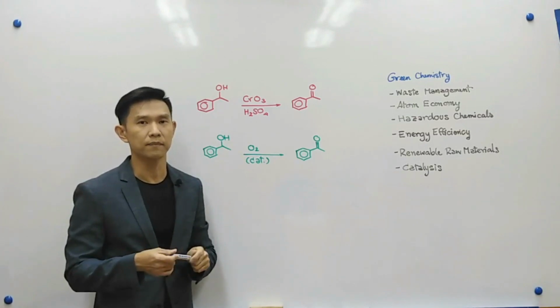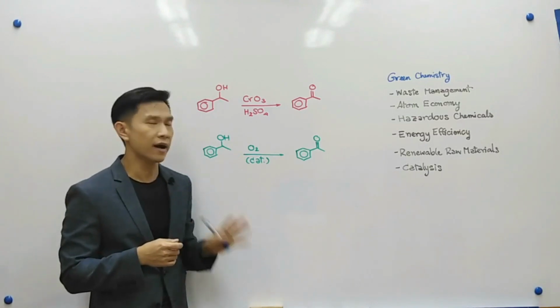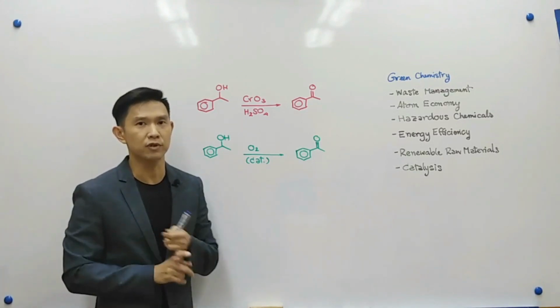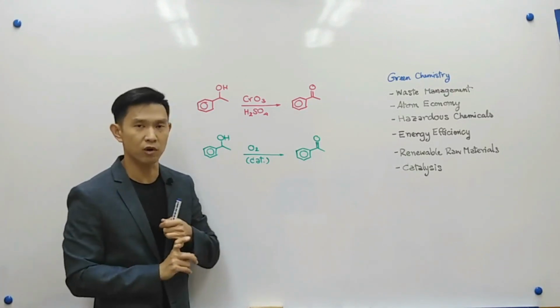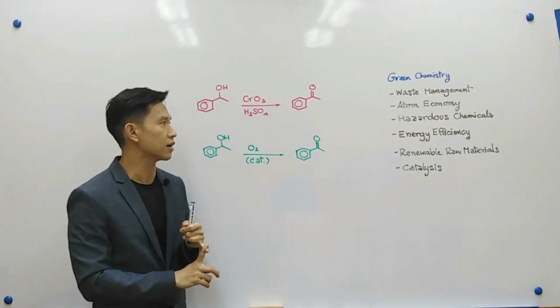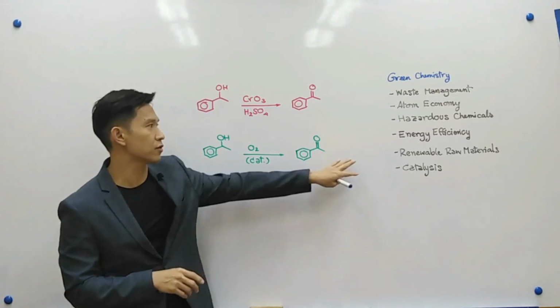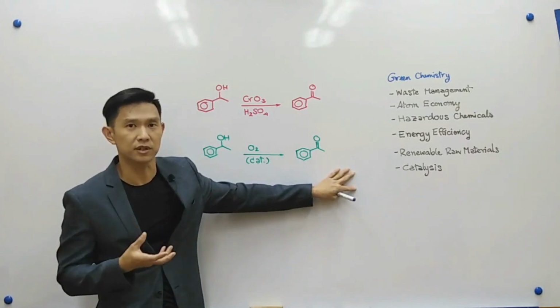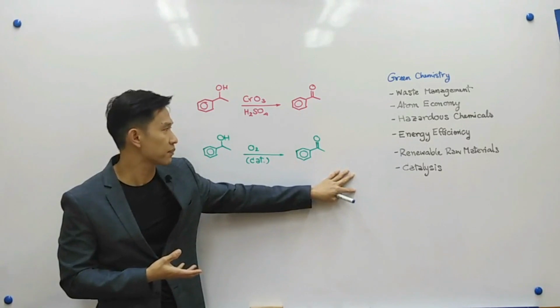Also, if you have to heat up the system, using petroleum oil is not a renewable one, right? So sometimes with renewable materials, you have to think about renewable energy sources in the reaction as well.